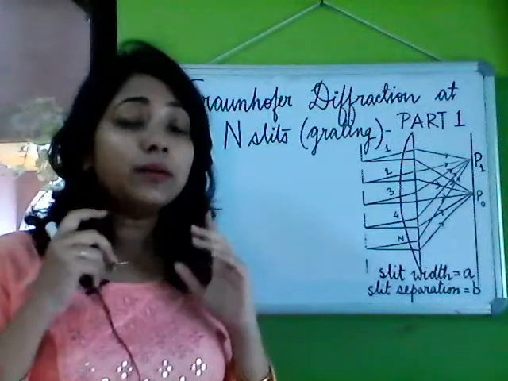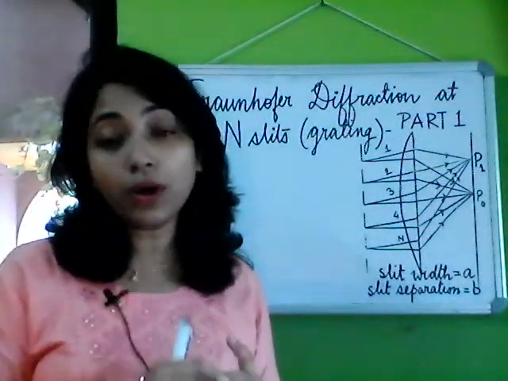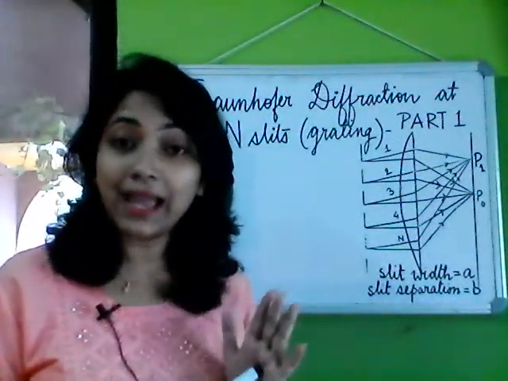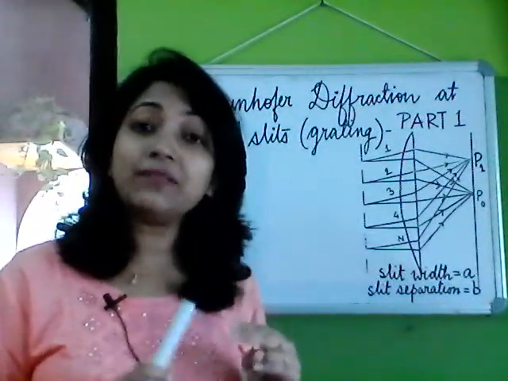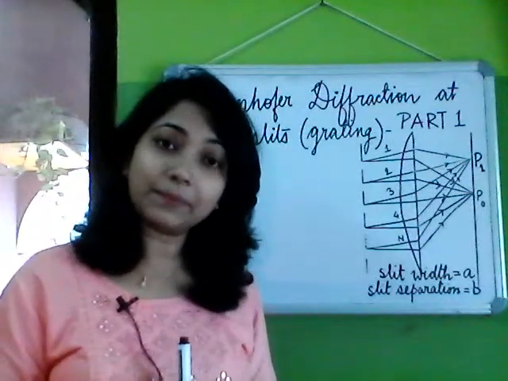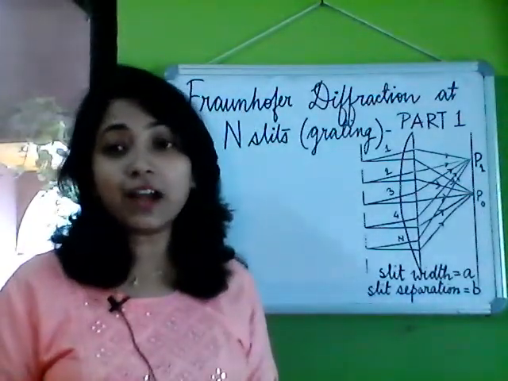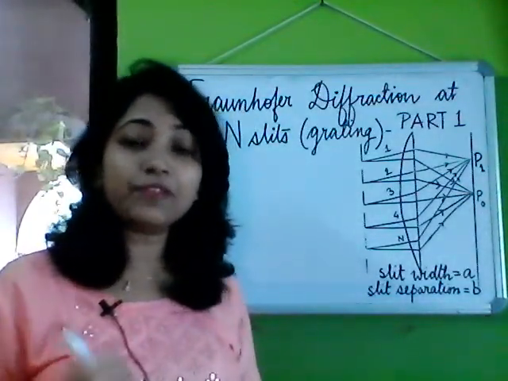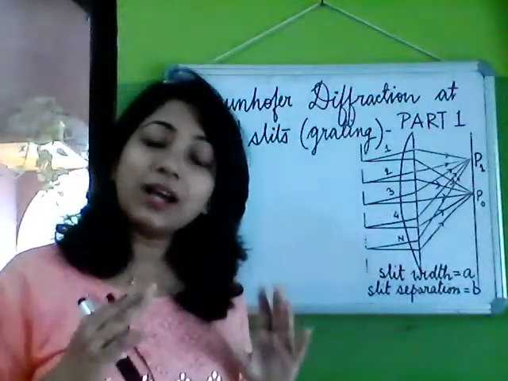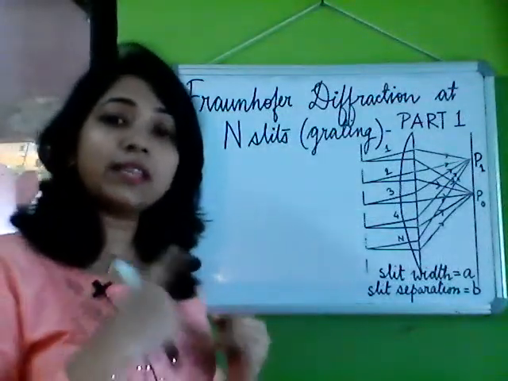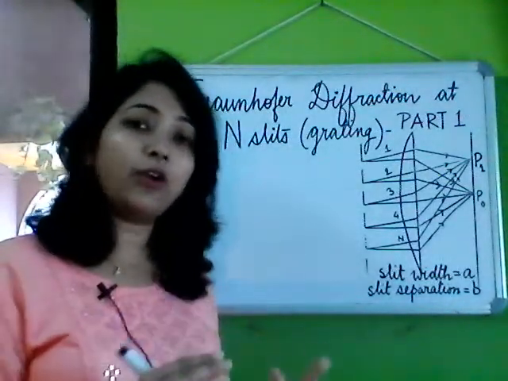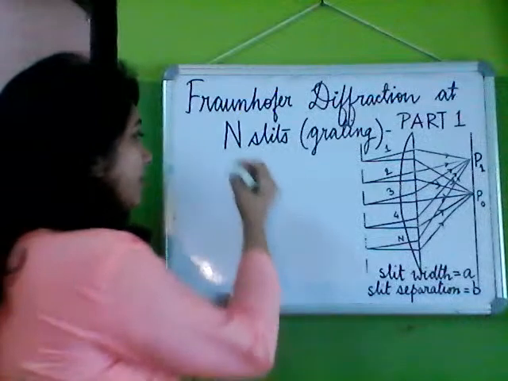Now, the basic difference which I want you all to understand before we begin is that we are not dealing with one slit or two slits, we are dealing with multiple slits. So what are the points that we are going to discuss in today's class? Just like all the earlier topics with single slit or double slit, we will be following the same points.